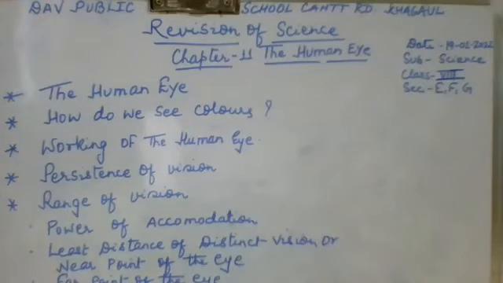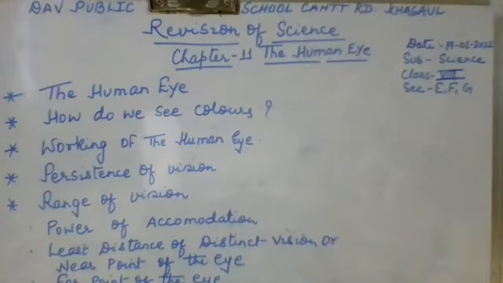Okay. Does anyone else want to try this answer? Ananya, yes, speak. Light coming from an object, either reflected or emitted, enters our eye through the cornea and pupil. The eye lens converges these light rays to form a real, inverted and diminished image on the retina.